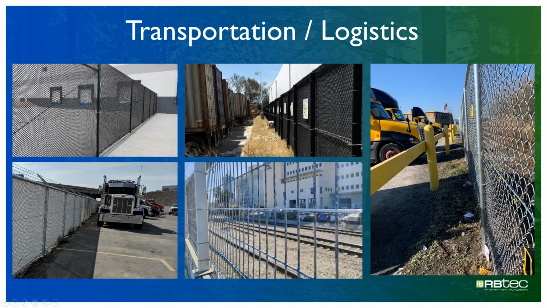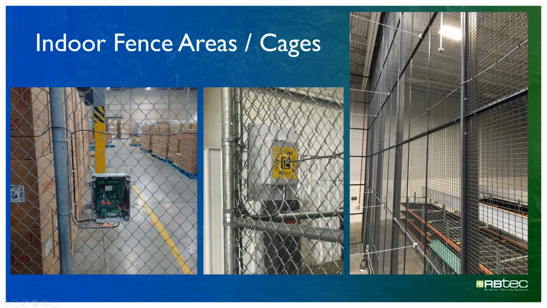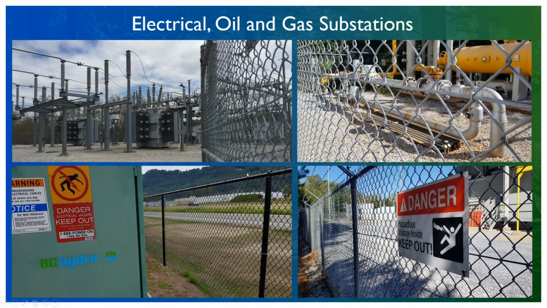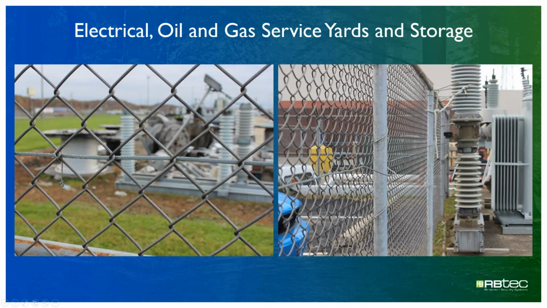A lot of transportation, logistics, trucks, trains, warehouses, also interior fences for data centers, for warehouses that are secured or need protection, or protecting certain equipment inside the warehouse that cannot be accessed. A lot of electrical, oil and gas, water substations of all types.